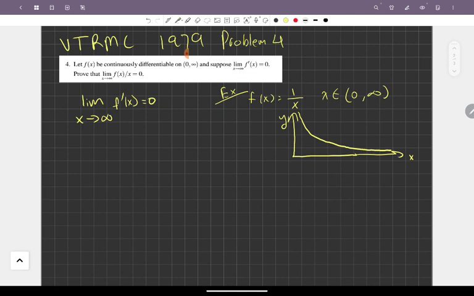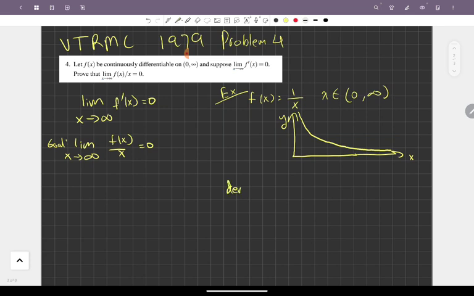But here we want to prove the statement that the limit as x approaches infinity of f of x over x approaches 0. So if I know that the limit of my derivative as x approaches infinity equals 0, what does my derivative tell me?